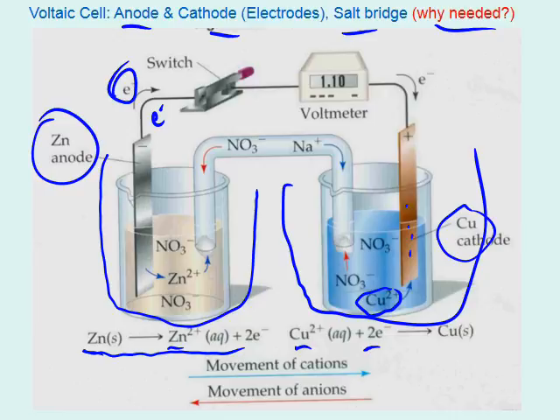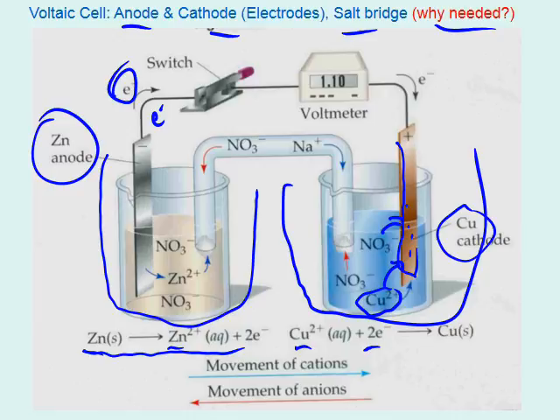Since you have copper, that's a metal, so you have another metal electrode on the other end, and copper gets deposited on the metal. So as you get electricity out of this, copper gets deposited on the copper end, and zinc gets used up as zinc 2 plus.